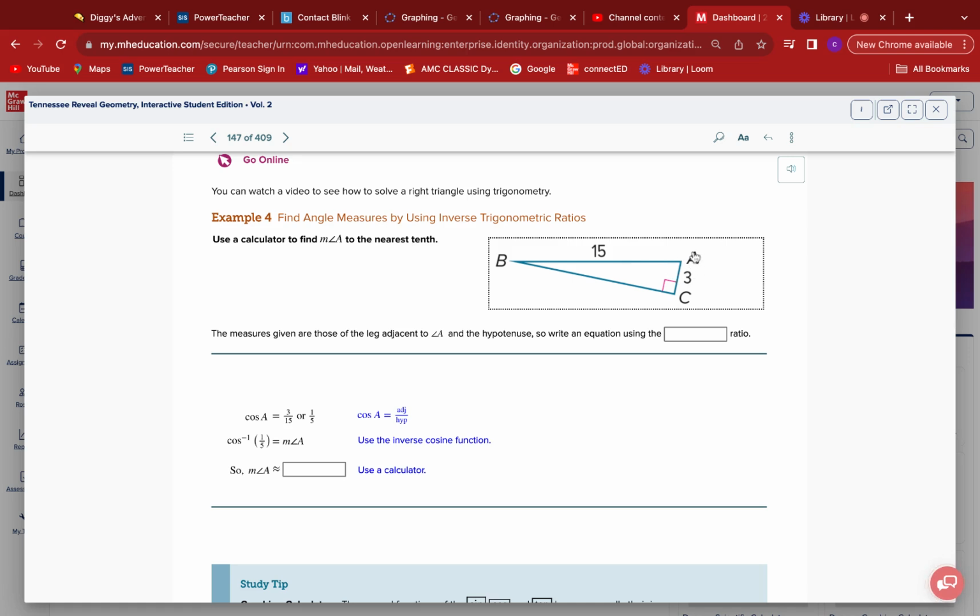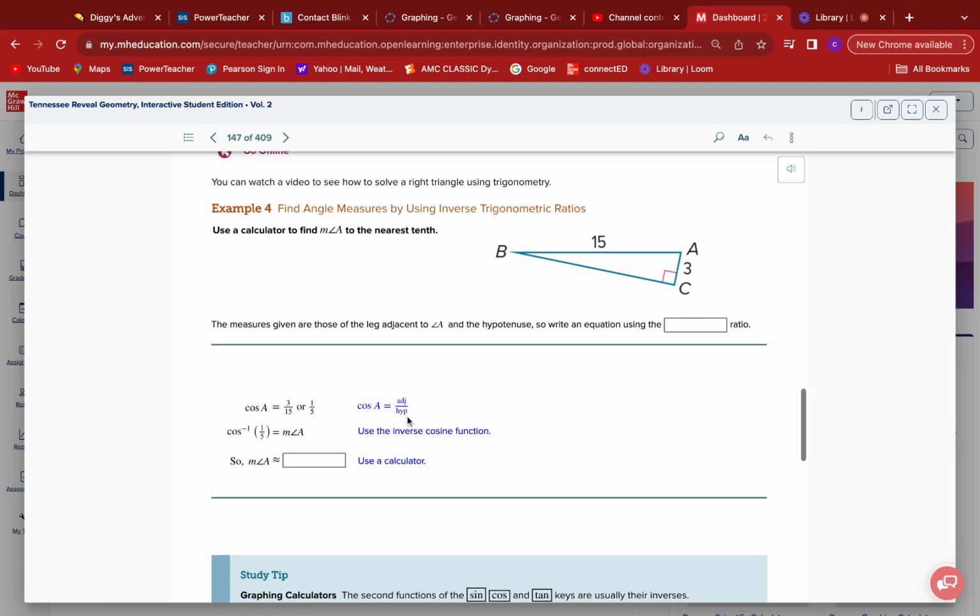But since I'm looking at angle A and I have the side that is adjacent to A, not the opposite to A, I'm going to be using cosine on this problem because cosine deals with the adjacent to the angle and the hypotenuse. Okay, so we are looking for the theta. A is going to stay A because I do not have a number to replace it with. The adjacent side is the 3. So 3 goes on top. The hypotenuse, the 15. The 15 goes on the bottom.